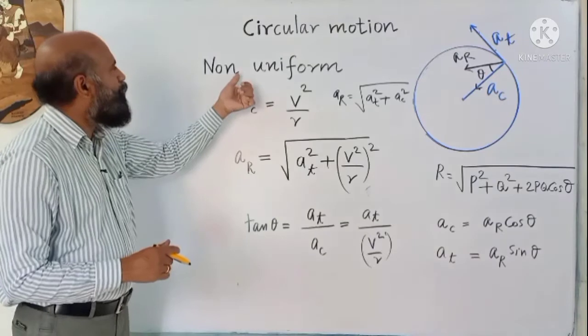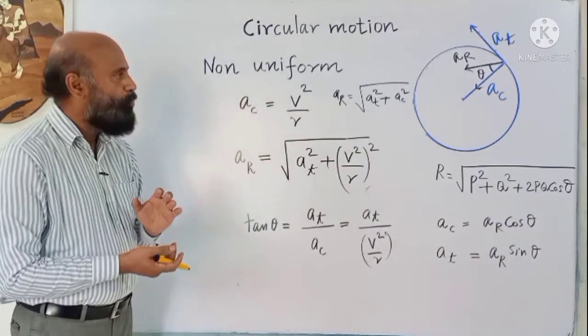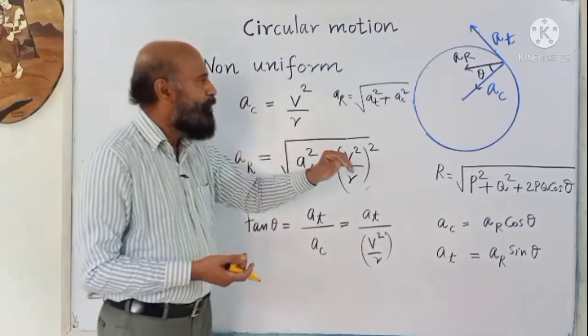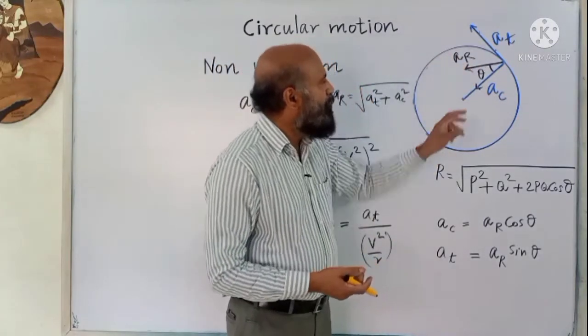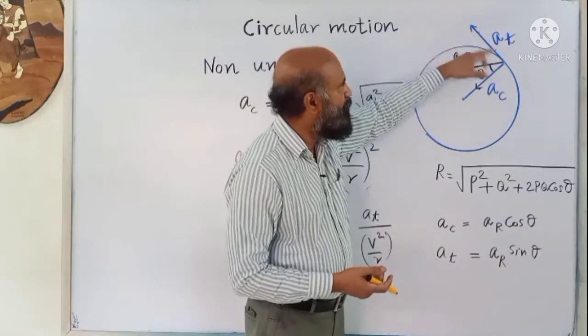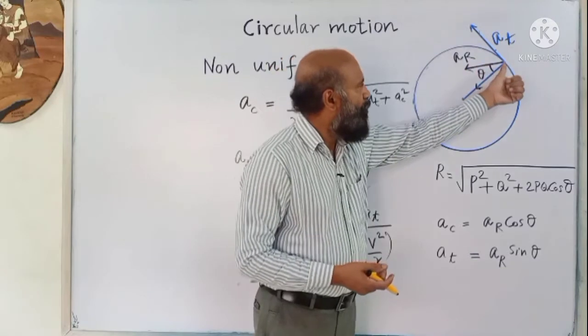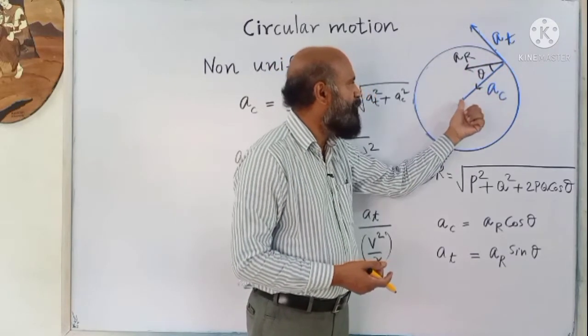Now let us see non-uniform circular motion. In non-uniform circular motion, the speed of the particle is going on changing. Then there will be tangential acceleration. Already we have seen centripetal acceleration.